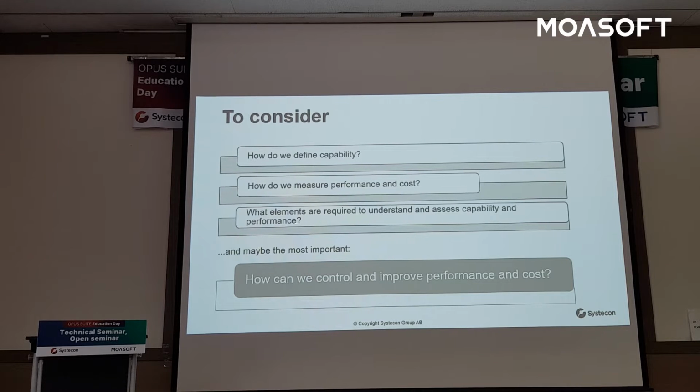And also, what elements are required to understand and assess the capability and performance. So again, it's about the type of data we need for performing this analysis and finding those answers that we're looking at. And then at the end, most important maybe, is how we can control this and even improve, if necessary, the performance. And everyone always wants to lower the costs, so that's always an interesting question as well.